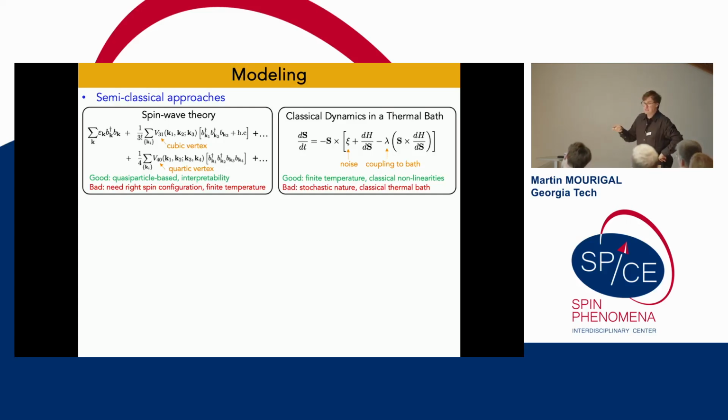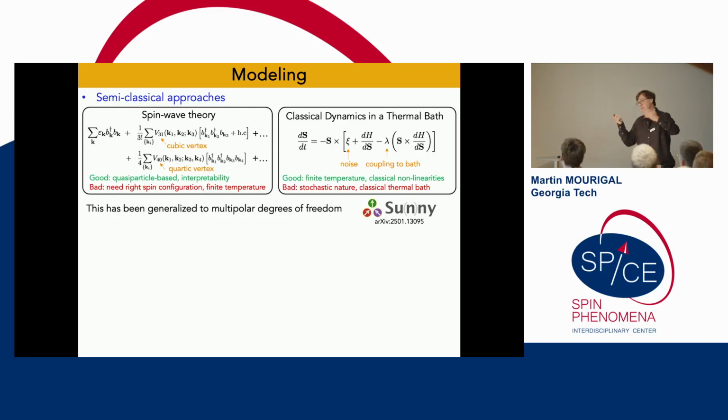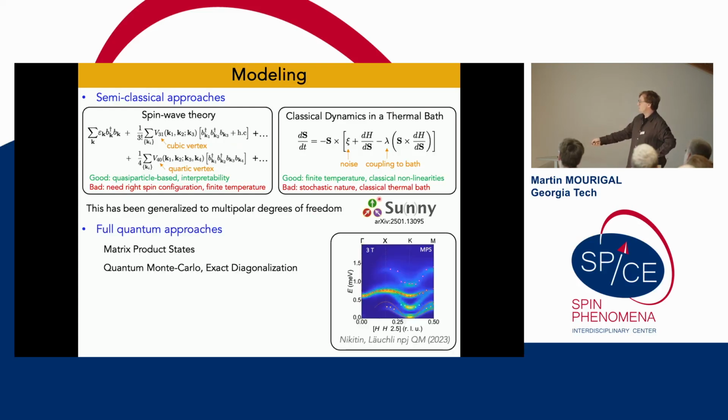But the bad part is that it's a stochastic technique by nature, and the thermal bath is classical, and so at low temperature that gives you wrong answers for, say, specific heat and things like this. And I just want to mention that these techniques have been generalized to include multipolar degrees of freedom, and I'm involved in the SUNNY collaboration, which is trying to code all of this in a unified framework.